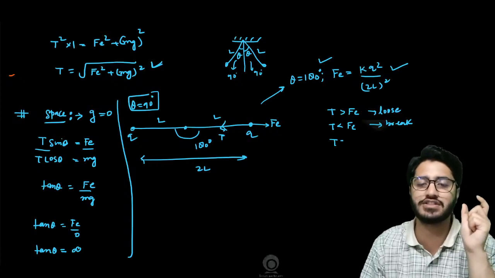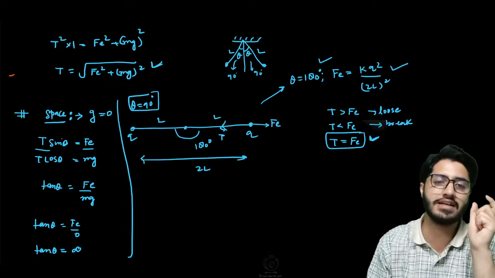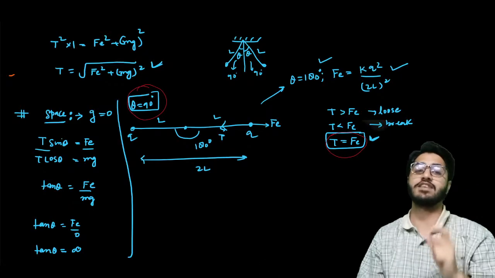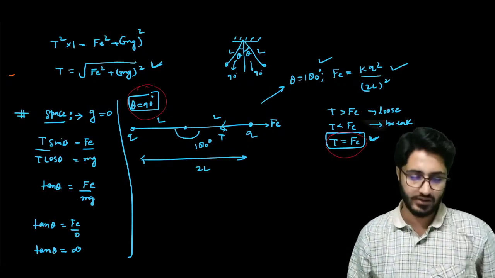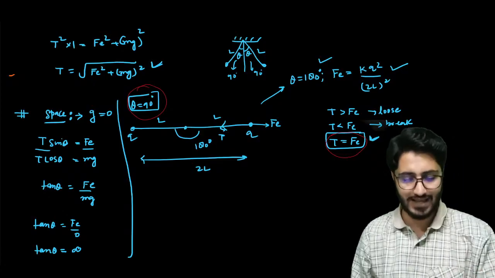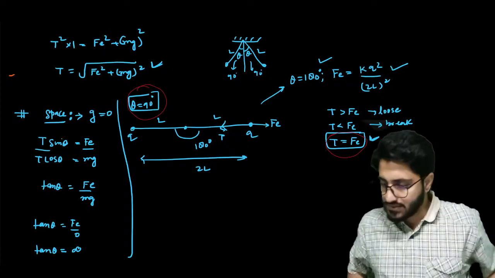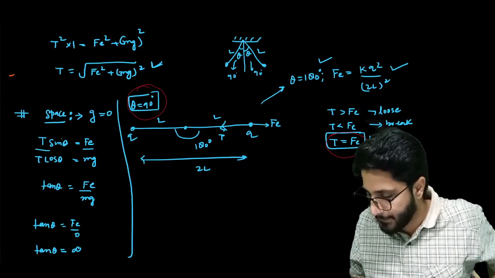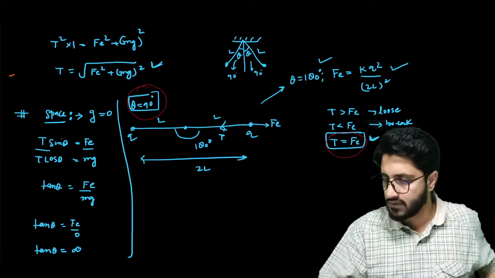So I can write that tension is equal to Fe. So only in this particular case we can use tension equal to Fe. Why? Because the string is not breaking or getting loose. It is as it is. So these are some cases. Done. Easy.